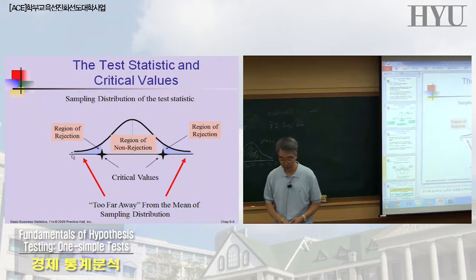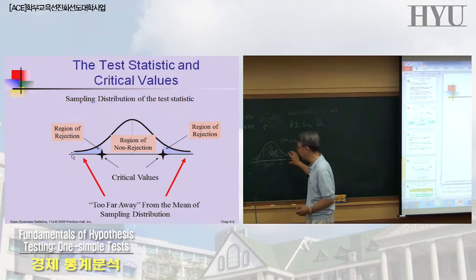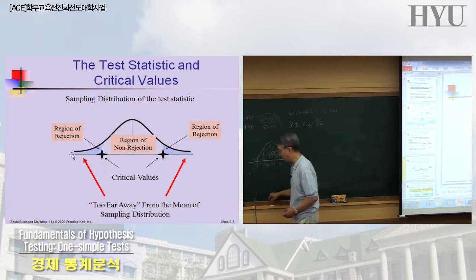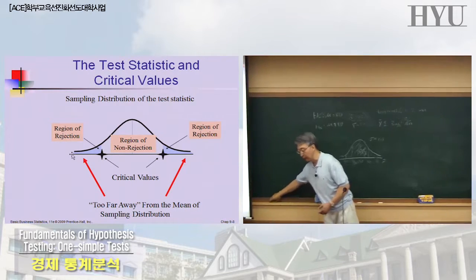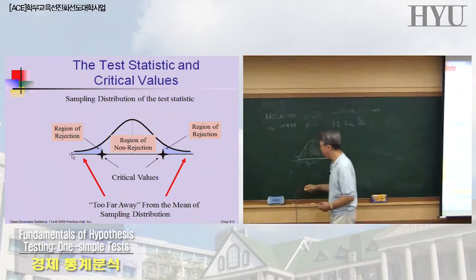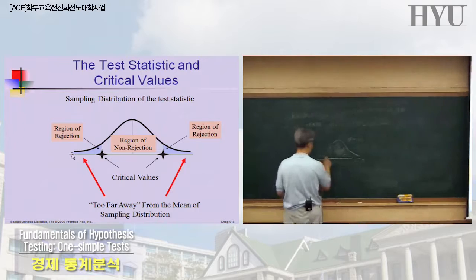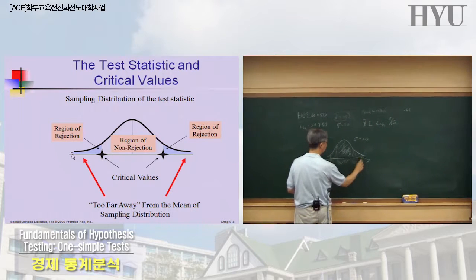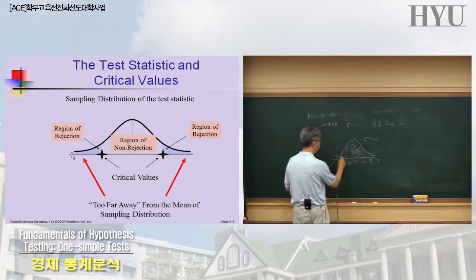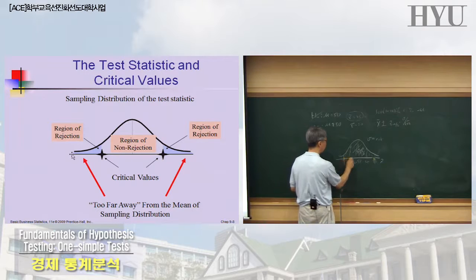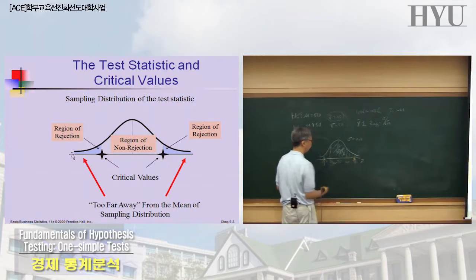Just like what we did here, depending on the confidence level that was required for your test, we're going to set up a certain range, something like this here. So I'm going to come up with a certain critical value or cutoff value.